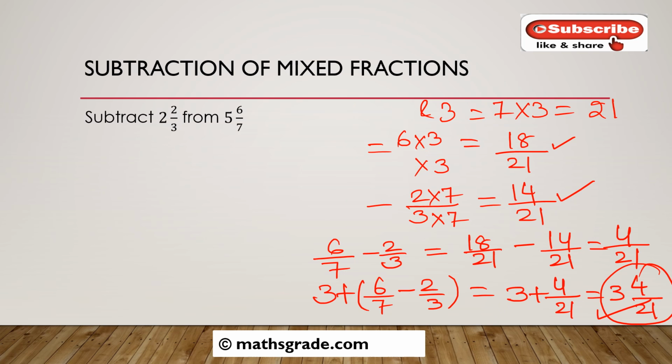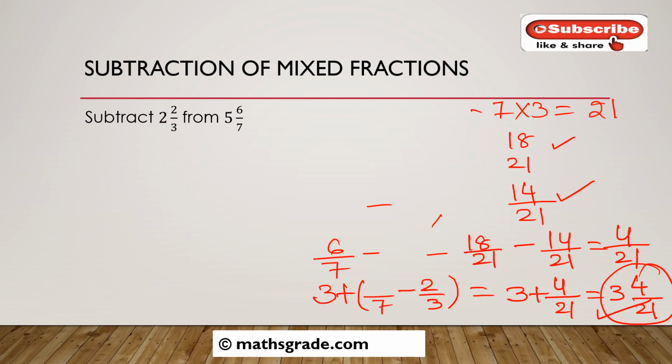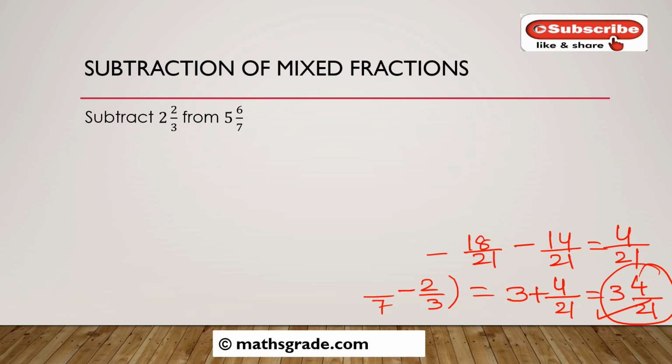Then after getting the equivalent fractions, that is like fractions, just subtract the numerators only. That fraction is the subtraction of the unlike fractions, and then we add it with the whole number. The resulting fraction is the result of the subtraction of the mixed fractions.